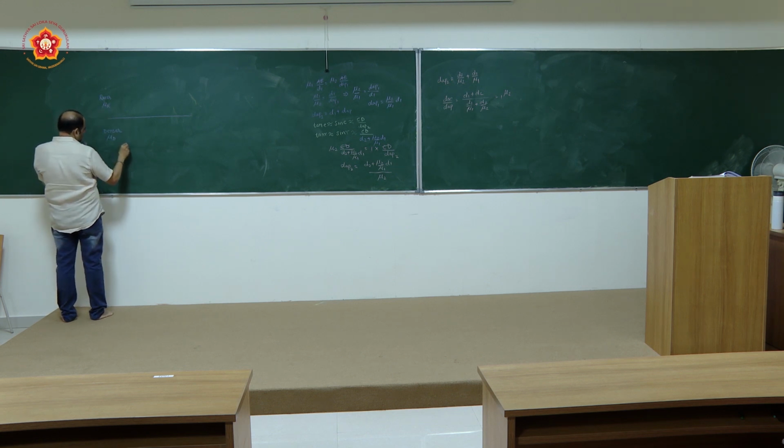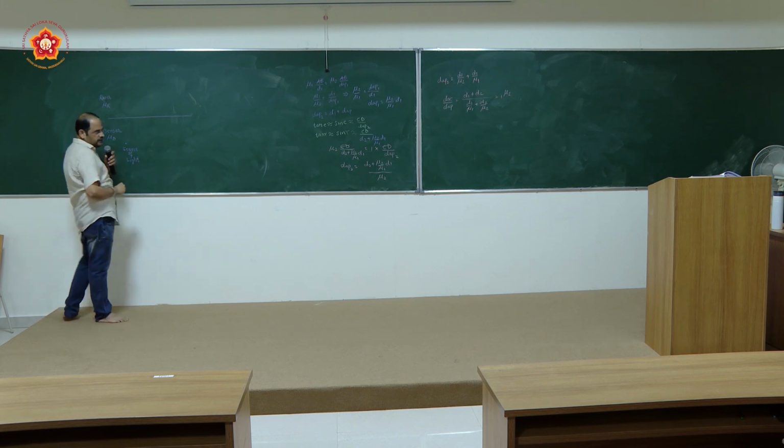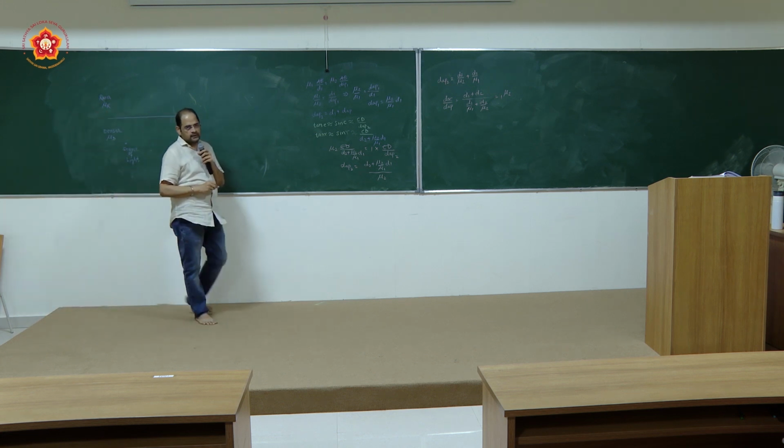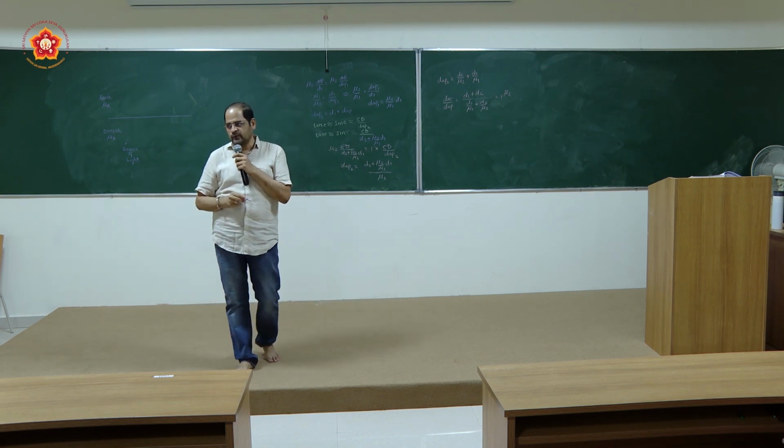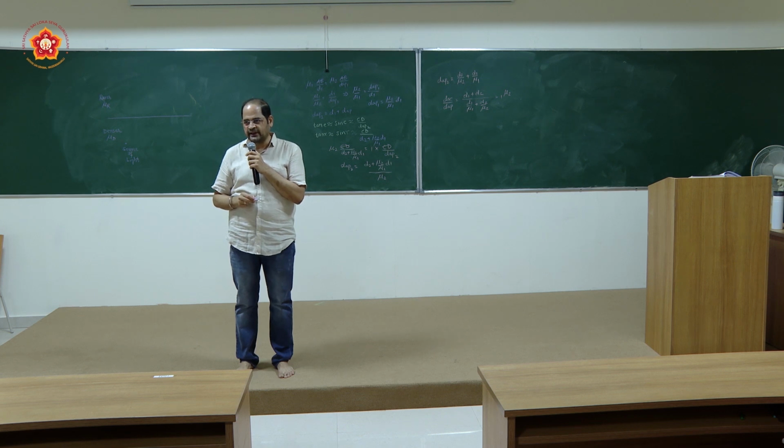The source of light is present here. This is representing the source of light. In which direction the source will be emitting the light? All directions. Can I consider it?